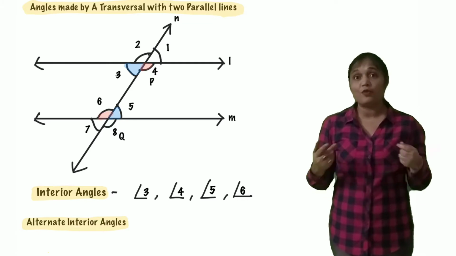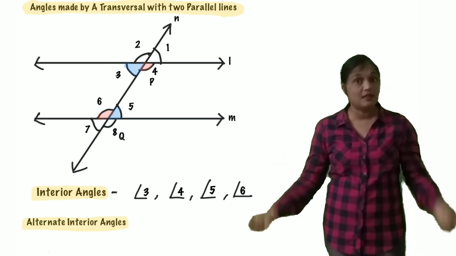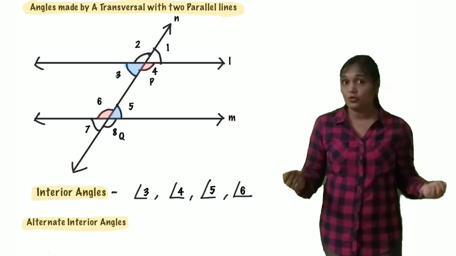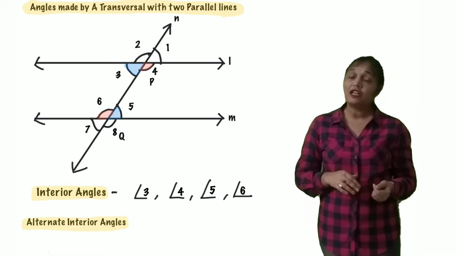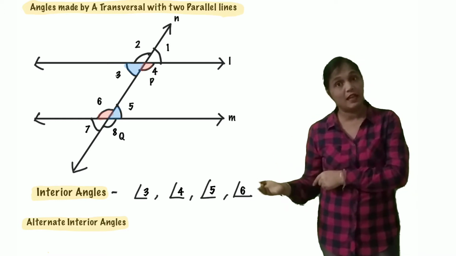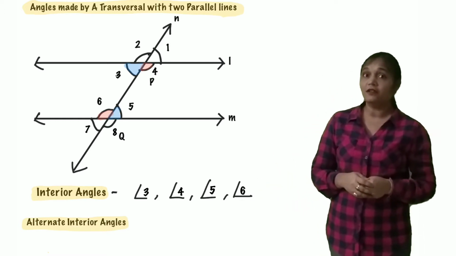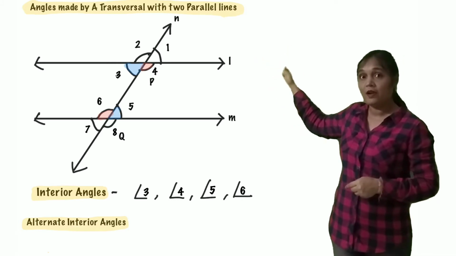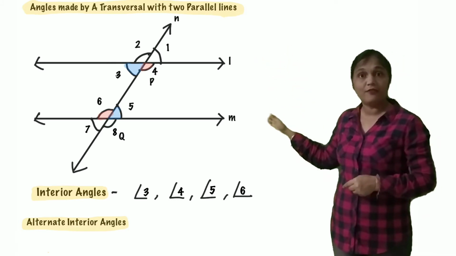Suppose your favorite program comes every alternate day, and today is the first day of your program, so tomorrow it will not come, and again it will come on the third day. Similarly, here take angle 3, skip angle 4 and then take angle 5.